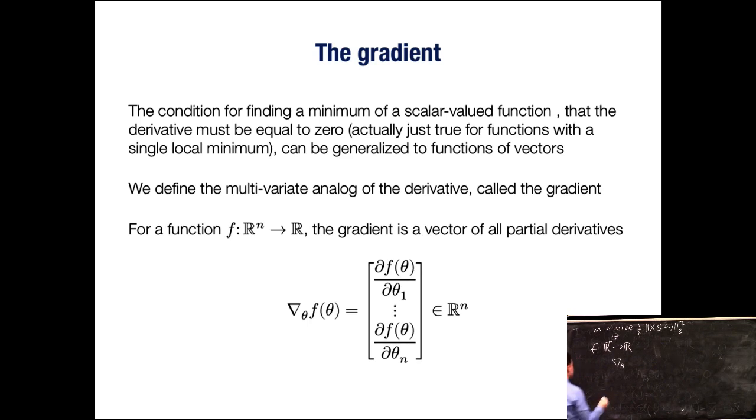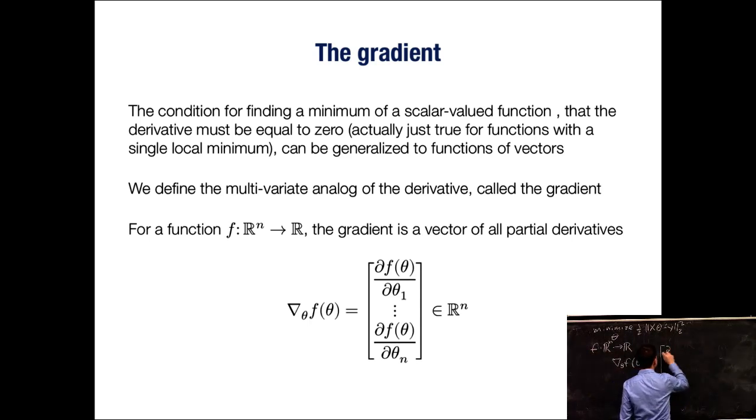And I'm just using f here as a placeholder for any function of theta. This is a vector of all partial derivatives. So it's going to have the first partial derivative of f with respect to theta 1, the second one, theta 2, and so on.